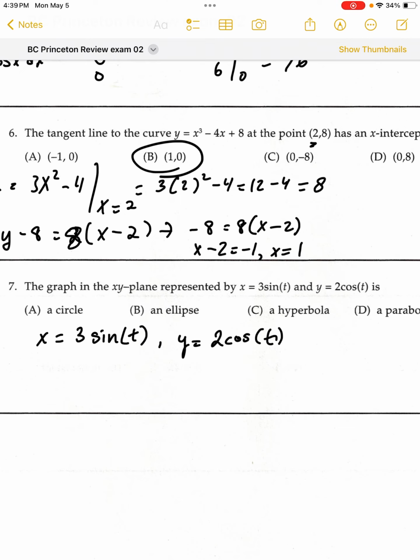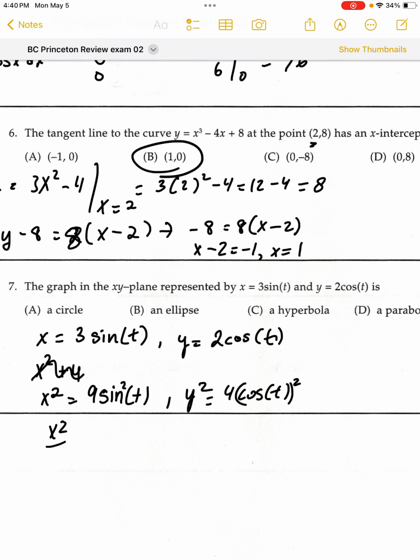Now let's square these. Let's deal with them separately for now. We'll get x squared equals 9 sine squared t, and y squared equals 4 cosine squared t.